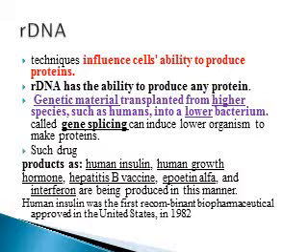The higher species, like what? Like human. And the lower species, like bacteria. Product examples are human insulin, human growth hormone, hepatitis B vaccine and so on. Human insulin was the first recombinant biopharmaceutical approved in the United States, in 1982.